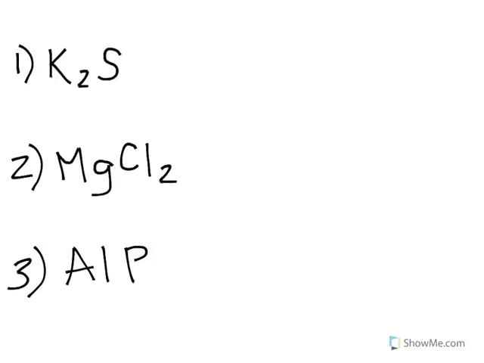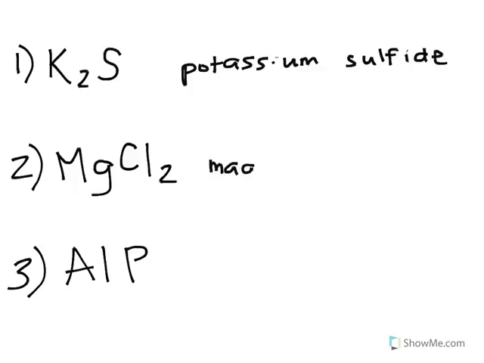Well, step number one says to name the metal, which in this case is potassium. And if we name our nonmetal with the root, which is sulf, and add the IDE ending, we have potassium sulfide. Number 2, our metal is magnesium.